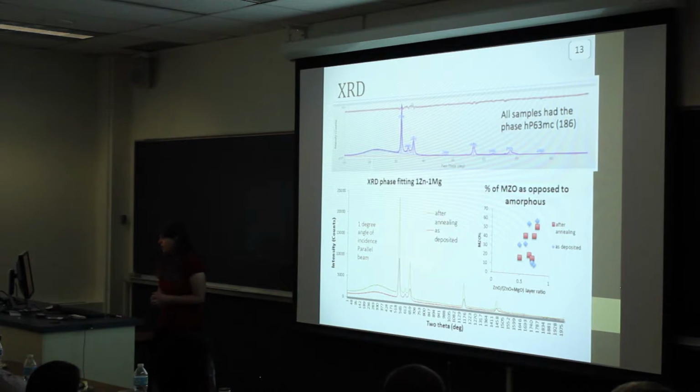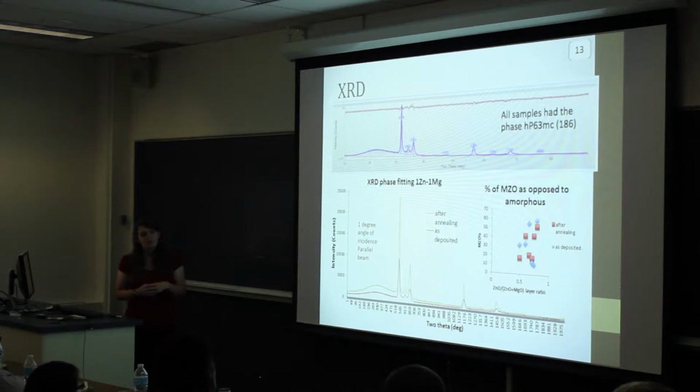So, more XRD. The top image is a phase fitting: we have the raw data, and then the XRD will fit a phase to that data. What we found is that all samples had the same hexagonal phase, which can vary over MZO, so it's interesting that it's all the same phase.